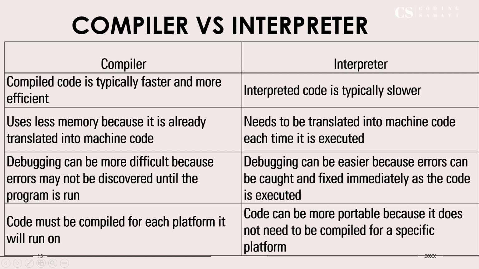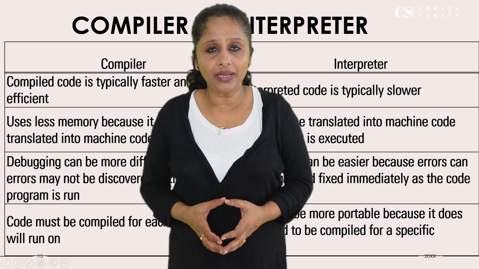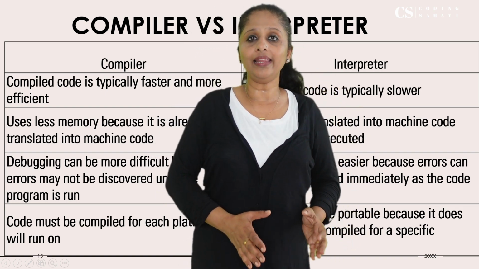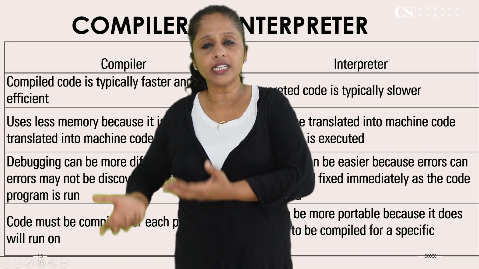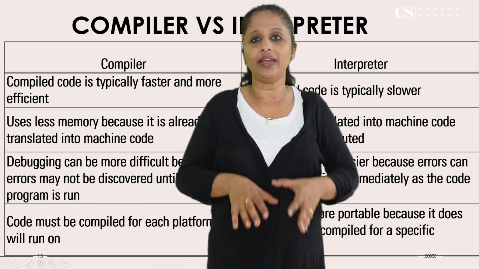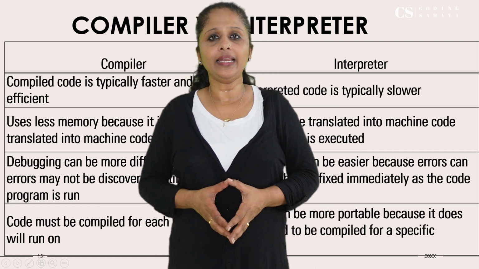So for each platform, interpreted languages work easily. So these are the differences between compiler and interpreter. Java-like programming languages are using both compiler and interpreter. So the advantages of compiler and the advantages of interpreter are used by the Java programming language.